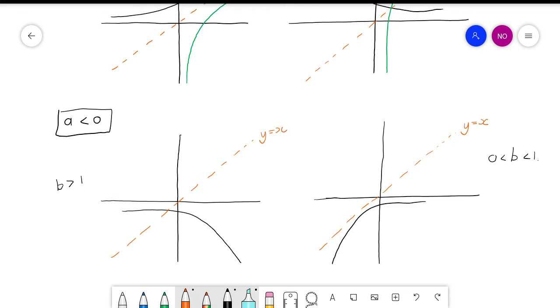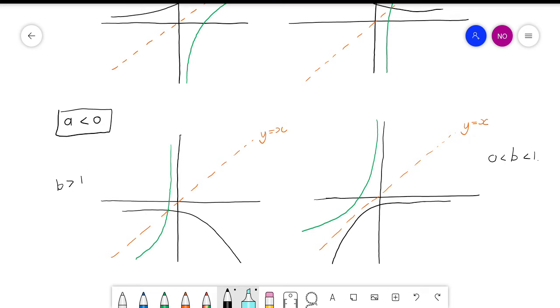Ag, ek haat hierdie. Something like that.